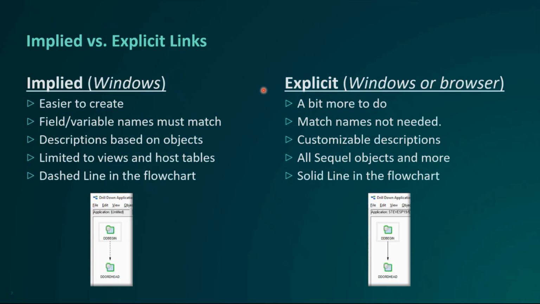But this ability to create your own command string to run the view gives you a little more flexibility, where your variable name does not have to match the field name that's being passed. We can customize the description that appears in the title bar when the view results are displayed. We could use any SQL object in the option file.